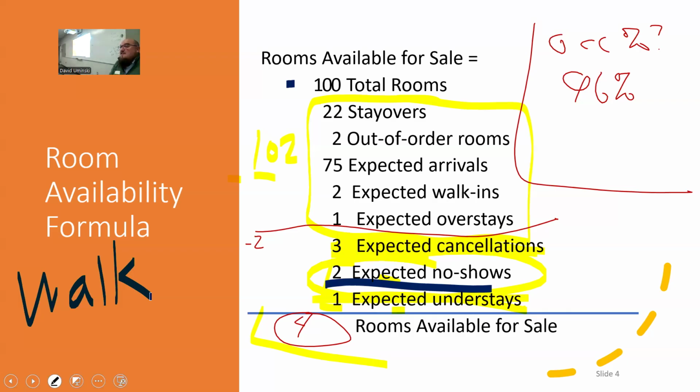They called all the loyalty people with reservations to confirm they were coming. The top level of Marriott Bonvoy is Ambassador. They called an ambassador, who said, yes, I will be there. So they ended up walking a guest, and then that ambassador never showed up.